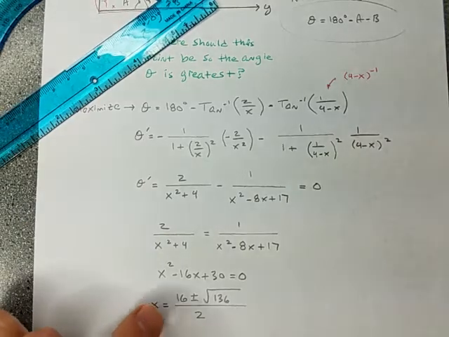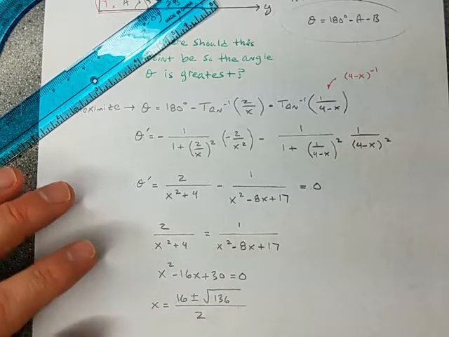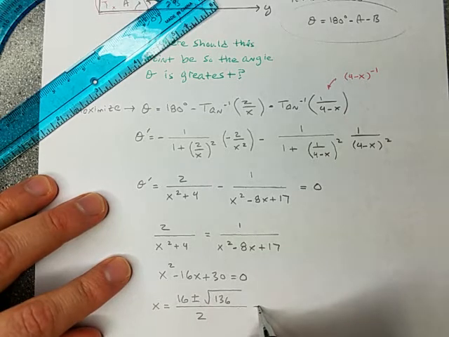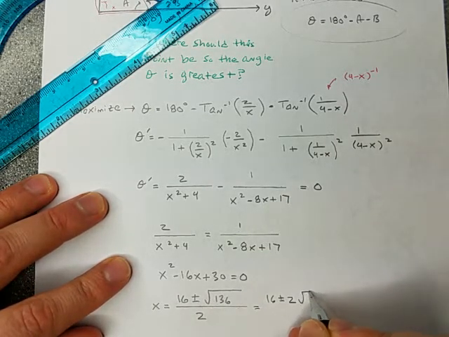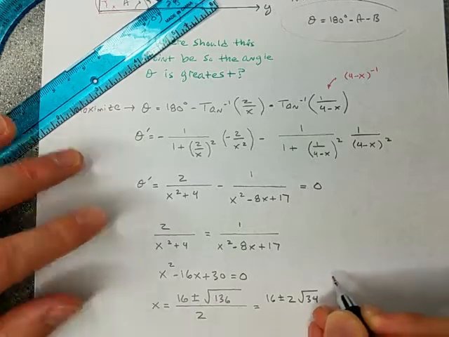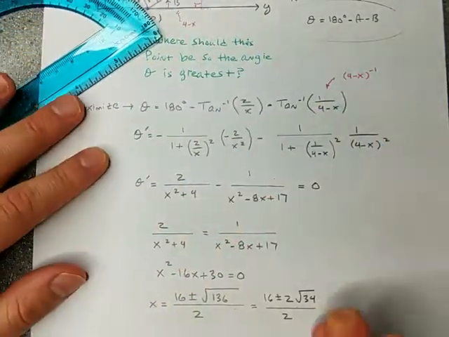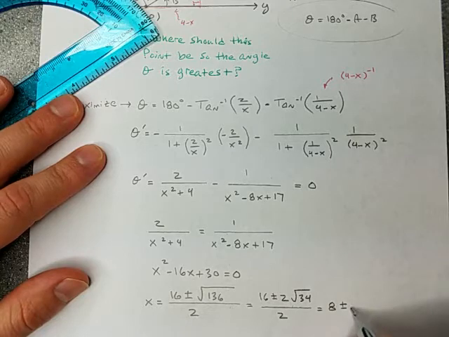And then I'll reduce that a little bit. 136 is 4 times 34, so this is going to be 16 plus or minus 2 root 34 over 2. Then I'll divide by 2, and I get my solution: 8 plus or minus root 34.